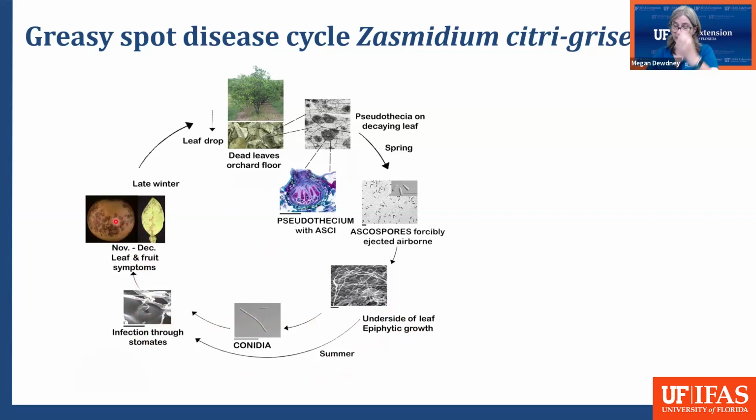I often wait till January to rate greasy spot, because then I'm sure that all the disease is out there, because it can develop through that winter depending on the ambient temperatures, and then the whole cycle occurs again. So this is really what we would consider a monocyclic disease. There's only one major cycle through the year, and we don't really understand the role of the conidia, if there is much of a role in this particular disease at all.